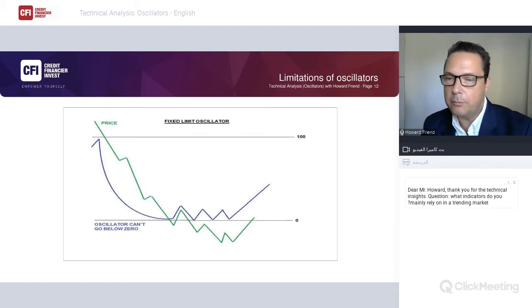Just to interrupt, just seeing a question here. What indicators do I rely on mainly in a trending market? I like moving averages. Obviously, they're quite simple. They lag the market and they give you good indications as to where to look for areas to buy into after a pullback.